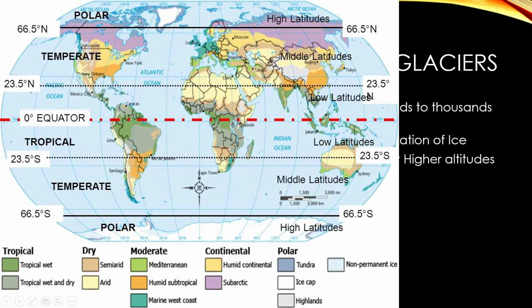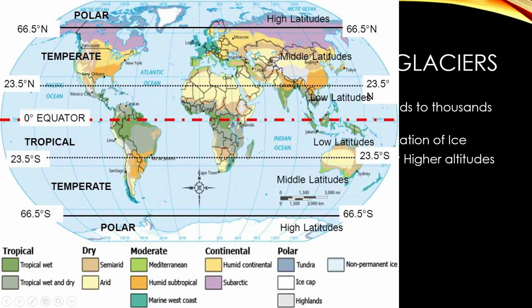So we have here in the polar environment, as you can see, labeled by the markers, the ice caps, highlands, non-permanent ice, and tundras. You have the polar south and north poles, and also some parts of the high altitude world.